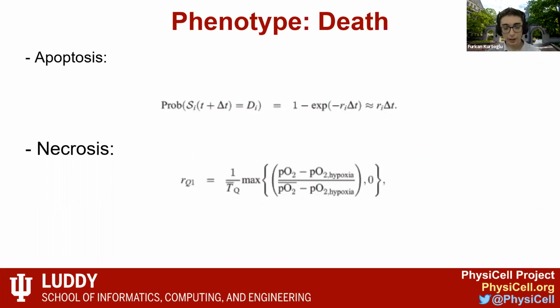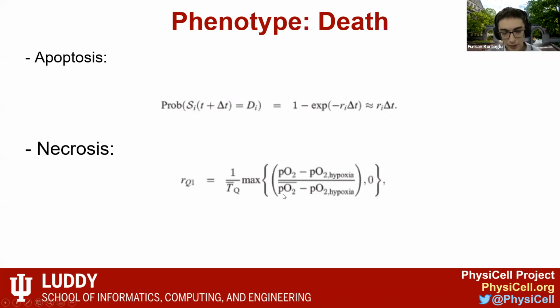In this one, there are two different thresholds. The first one is the first necrosis threshold, and the second one is the maximum threshold. It is based on the current oxygen level.